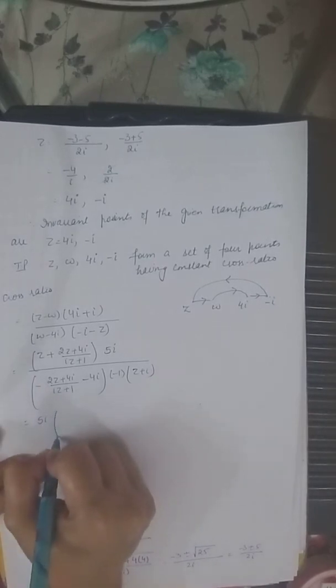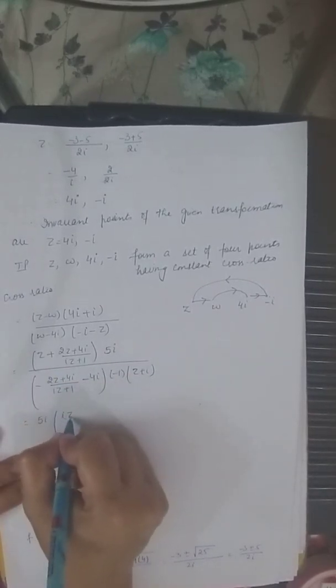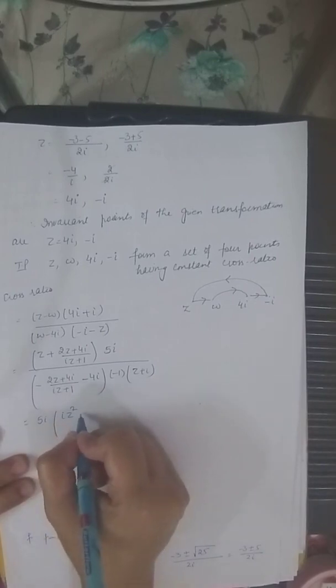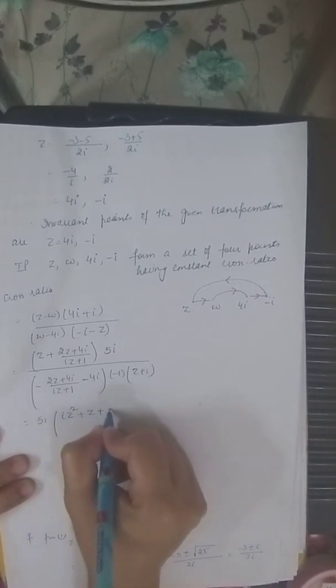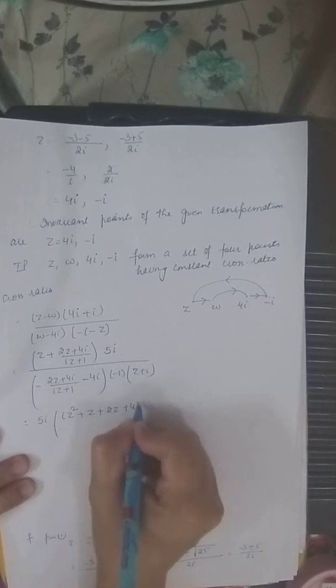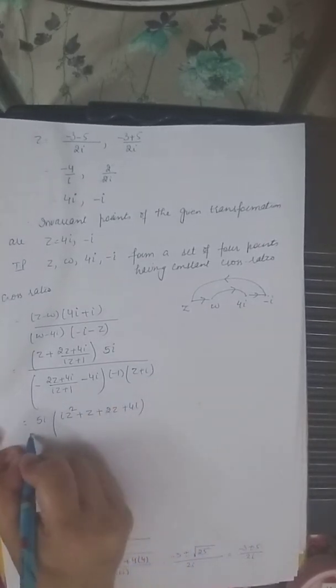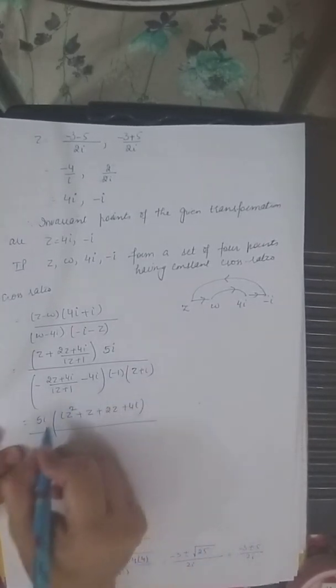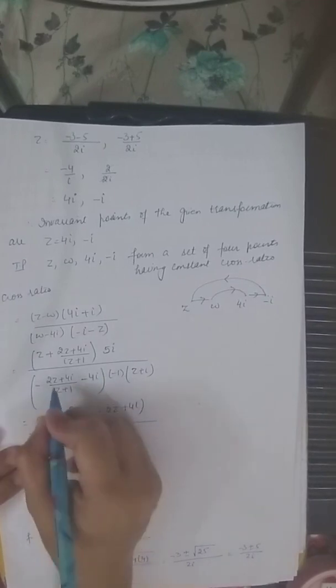Take LCM, iota z square plus z plus 2z plus 4 iota divided by, and this negative will give you positive sign.